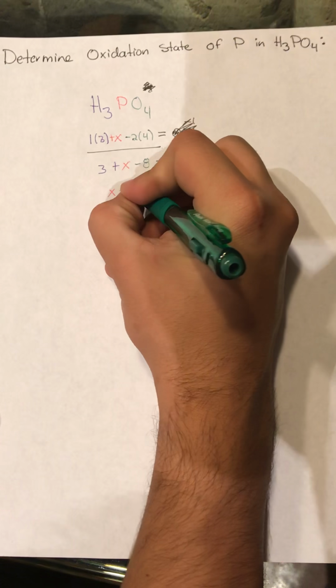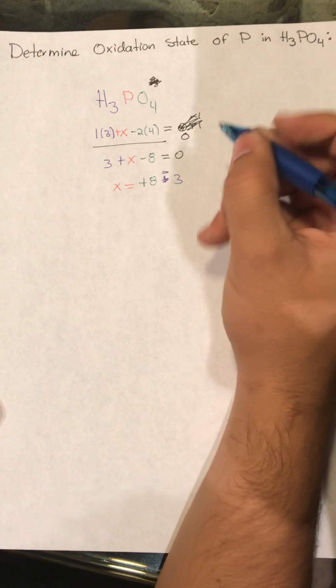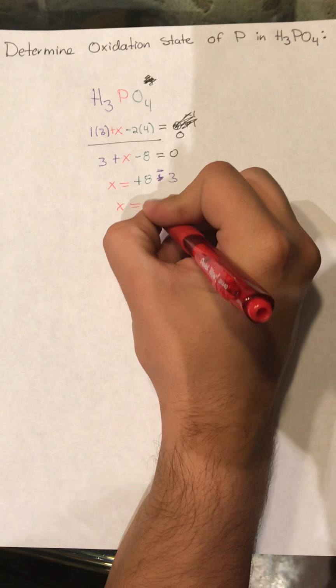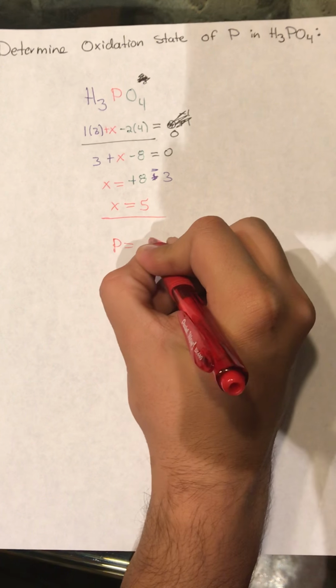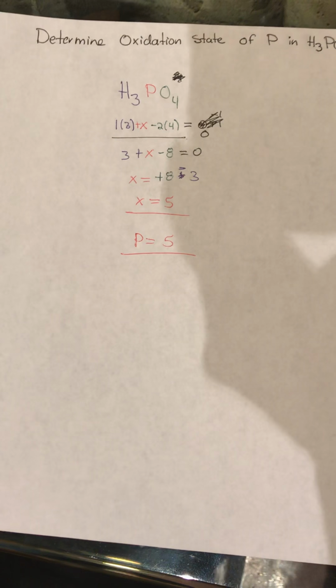I'm sorry, this is actually -3, and this comes out to be +5. So our phosphorus has an oxidation state of 5. Final answer.